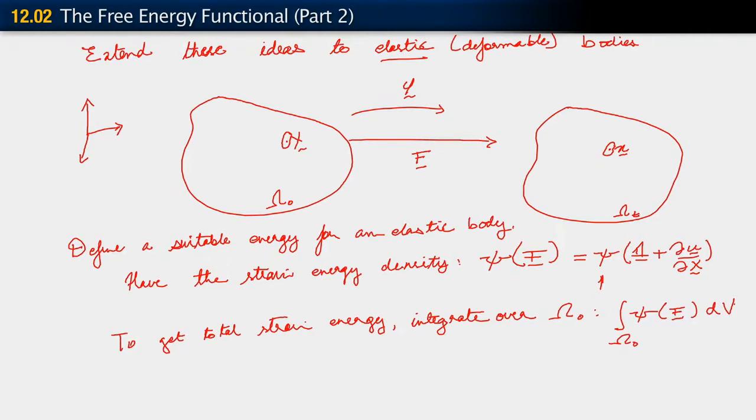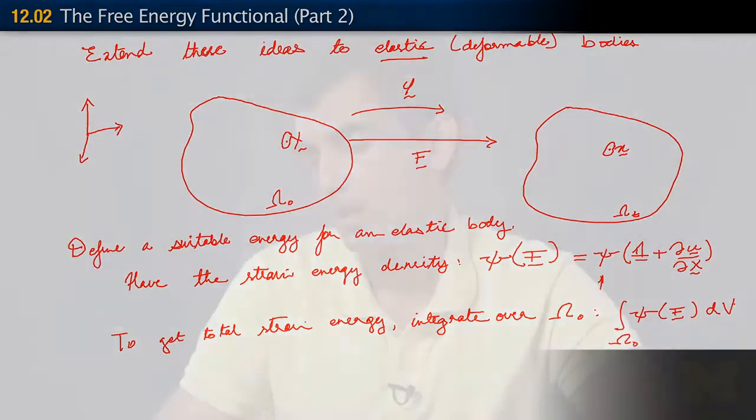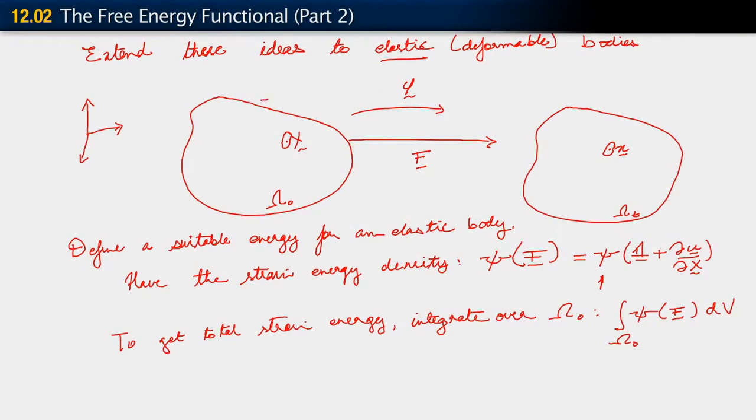Right. Now, it turns out that when elastic bodies are at equilibrium, they are at equilibrium or not, depending not just on the strain energy, but also on the forces applied to the body. In particular, if we have a traction boundary, we know that there is a traction vector. Okay? And in the current configuration, we would have this.